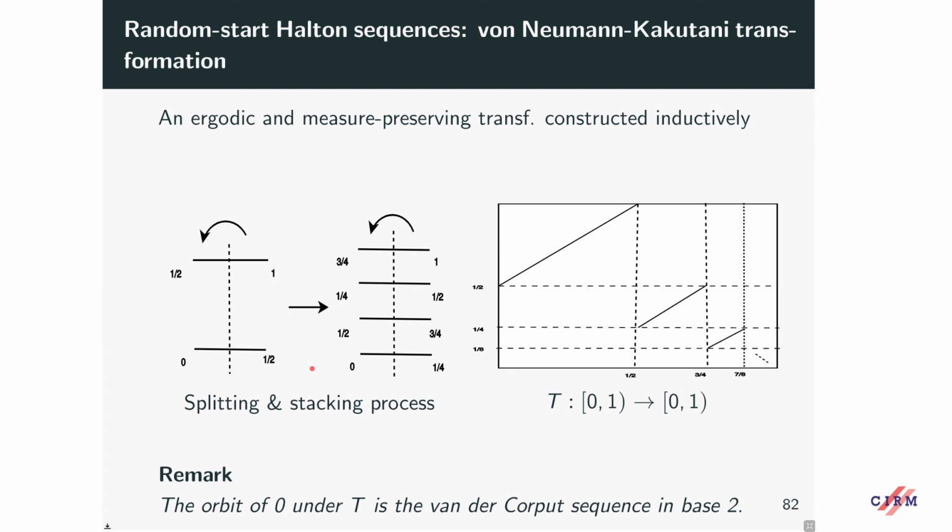Nothing special about it. We could have started with splitting the interval into 3 equal pieces, and then take each subinterval and divide it into 3 sub-pieces. So that would be like base 3 for the van der Corput sequence. Do this in general for any base B.